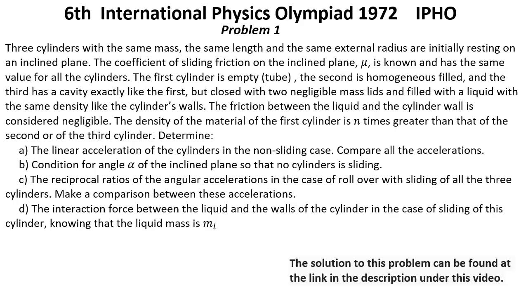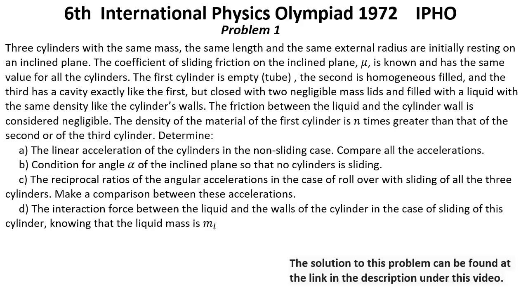3 cylinders with the same mass, the same length and the same external radius are initially resting on an inclined plane. The coefficient of sliding friction on the inclined plane, mu, is known and has the same value for all the cylinders.